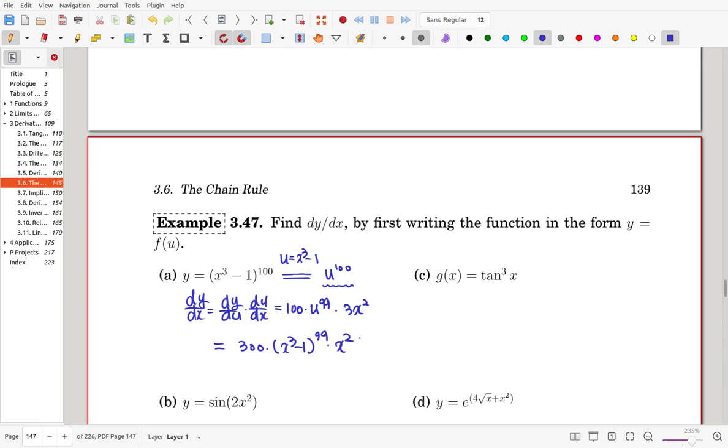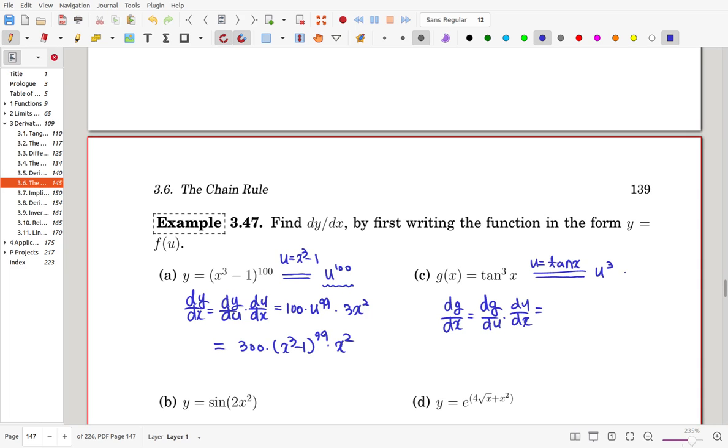That's the answer. Now let's go to C. That one can be written once we introduce u equal tangent x, so it can be written as u to the 3. So dg over dx is the same as dg over du times du over dx.